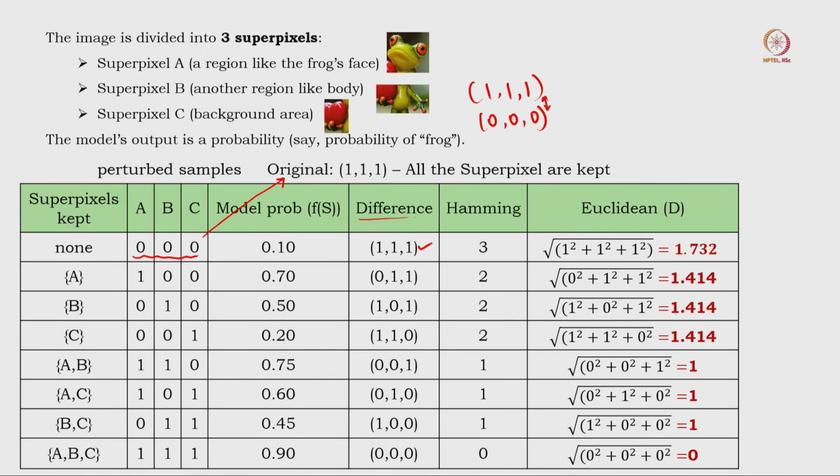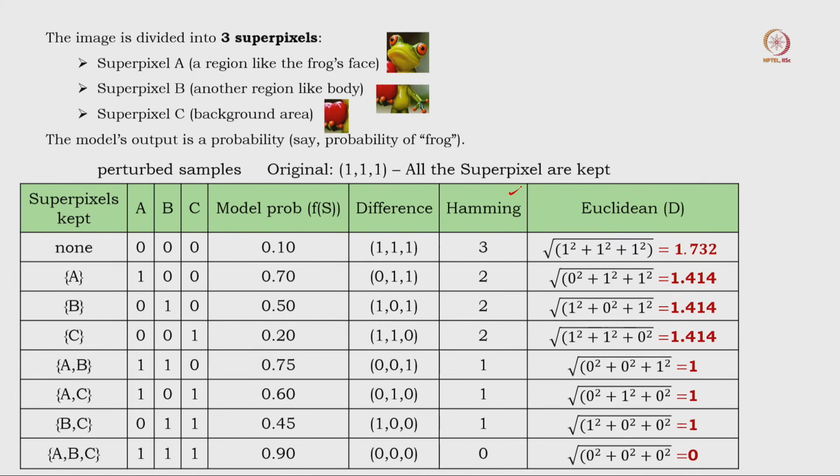Next, you keep 1, 0, 0 and compare it with the original: 1 minus 1 is 0, 1 minus 0 is 1, 1 minus 0 is 1. Take the difference, compare it with the original and then write the differences. I hope you have understood how the difference is calculated.